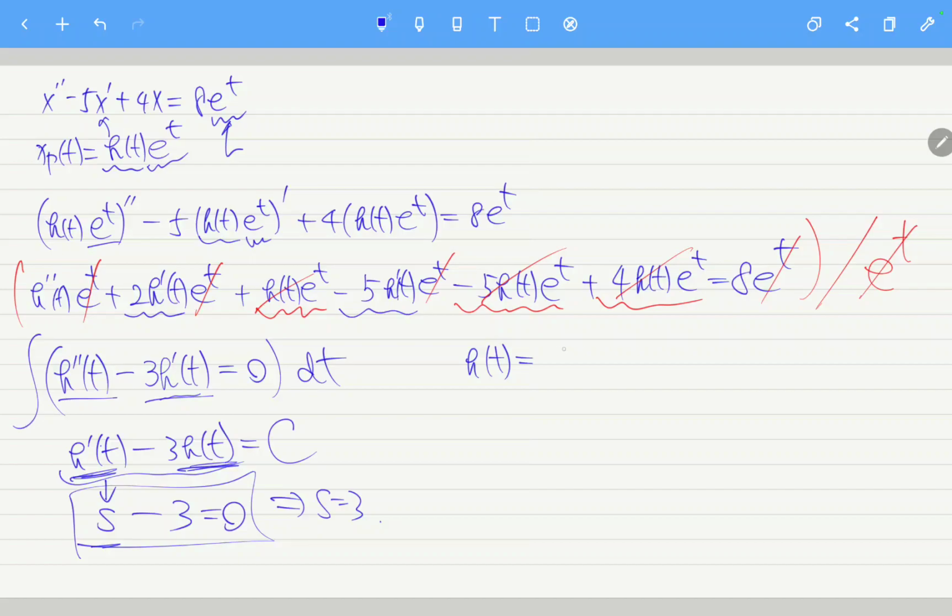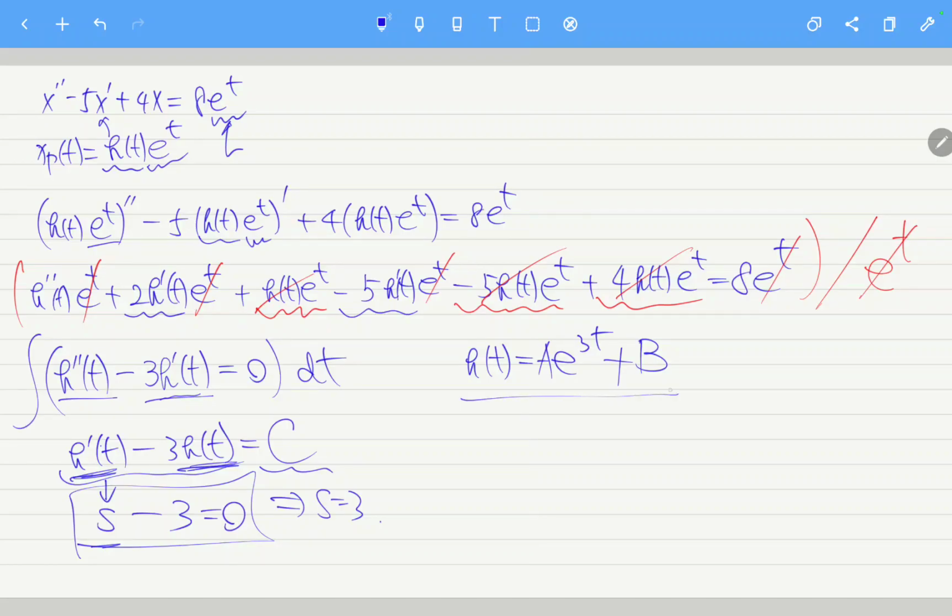Which means that h of t, the homogeneous solution, should be like a times e to the 3t. And then for the particular solution, this is a constant, so this should also be a constant. And actually just now we already have that. Let me see. Yeah.